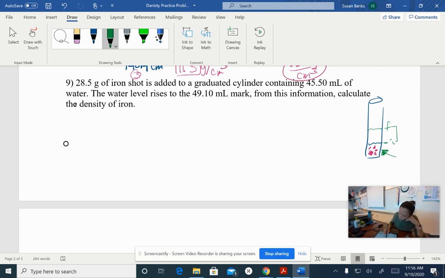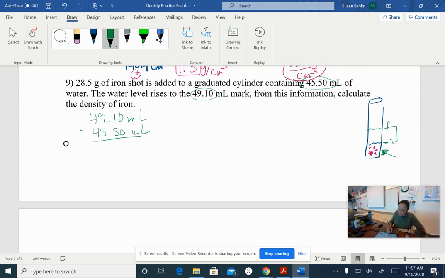So I have my final volume, which was 49.10 mils. And I have my initial volume without the metal shot of 45.50 mils. And I need to find the difference of that.